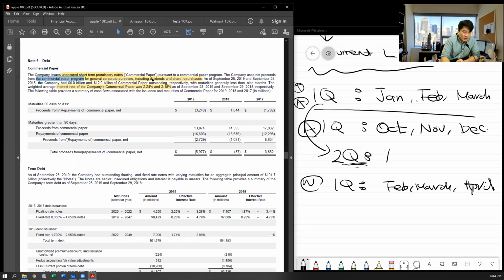In this case, the company used the proceeds for paying out dividends or share repurchases. Since the company is essentially borrowing money by issuing these notes, there will be some interest associated with it, and the rates range from 2.18% to 2.24%.